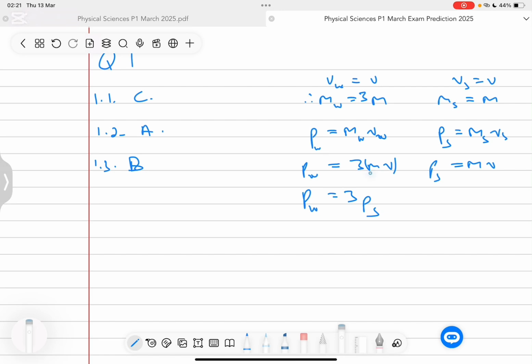I just replaced mv with Ps because Ps is equal to mv. But remember, we are looking for the momentum of the spanspeck. That means I can divide by 3 on both sides so that I'm only left with Ps on this side. So this side I will have 1 over 3 Pw. So my momentum of the spanspeck is equal to 1 over 3 Pw.